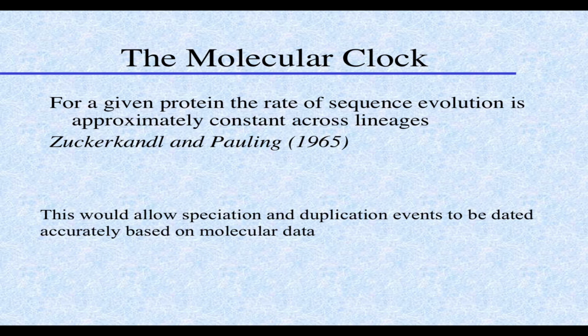UPGMA assumes that all the branches of the tree, all the organisms in your taxonomy, evolve at the same rate. Neighbor joining says that any subgroup can have a changed rate. So that subgroup might be a group that went through a bottleneck. So yeah, that invalidates the general assumption of the molecular clock in the sense that the group that went through the bottleneck is going to have more changes than some other group. That's the notion.